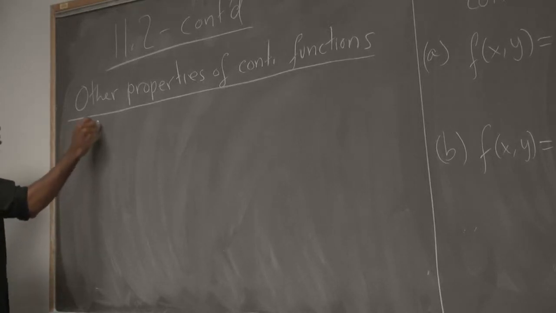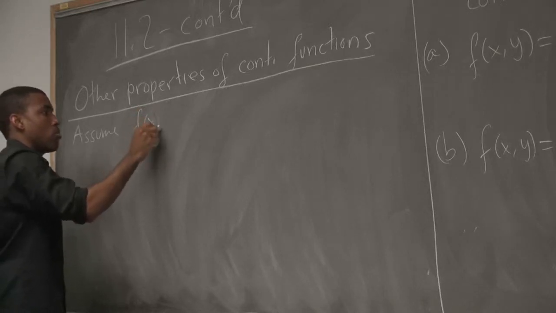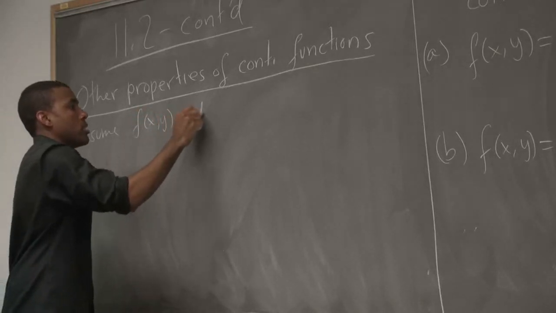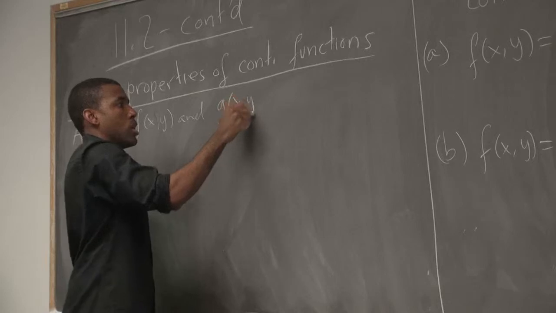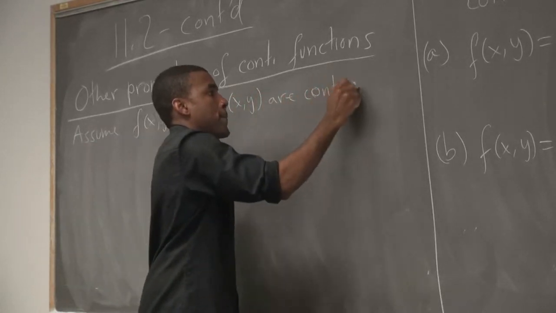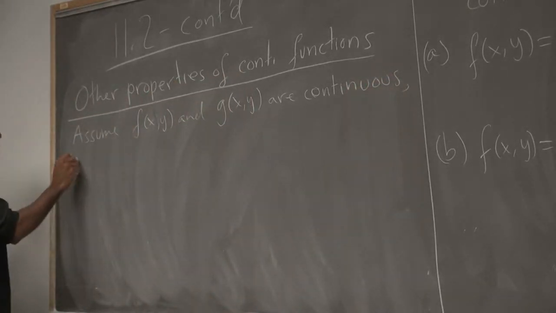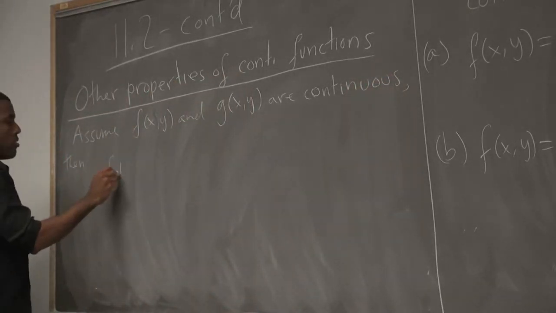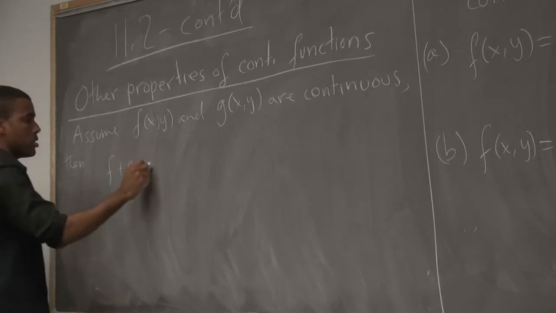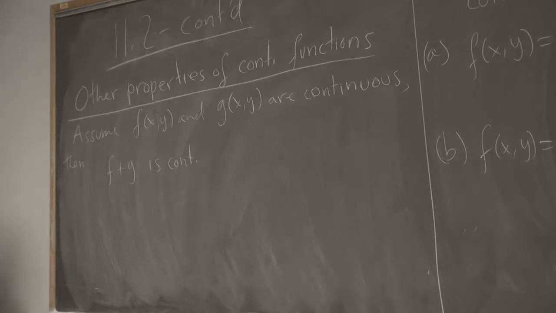Assume f of x, y and g of x, y are continuous. Then f plus g is continuous. Right? The sum of two continuous functions is again continuous. If you subtract them, it's also again continuous.